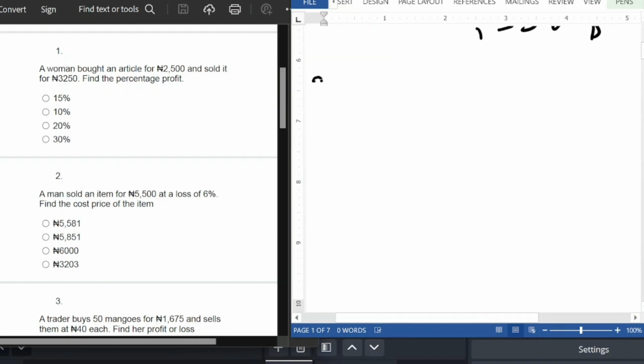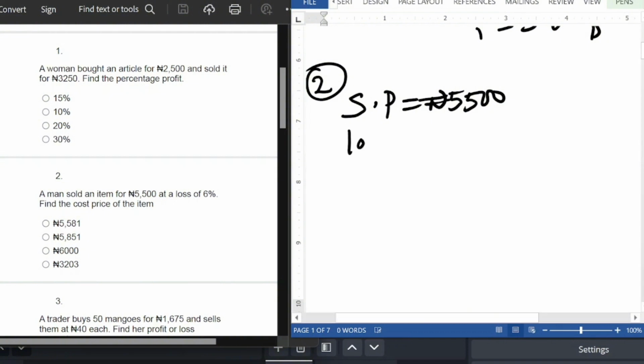For question number 2, a man sold an item for 5,500. So that means the selling price is 5,500 at a loss of 6%. Find the cost price. We are given loss to be equal to 6%.